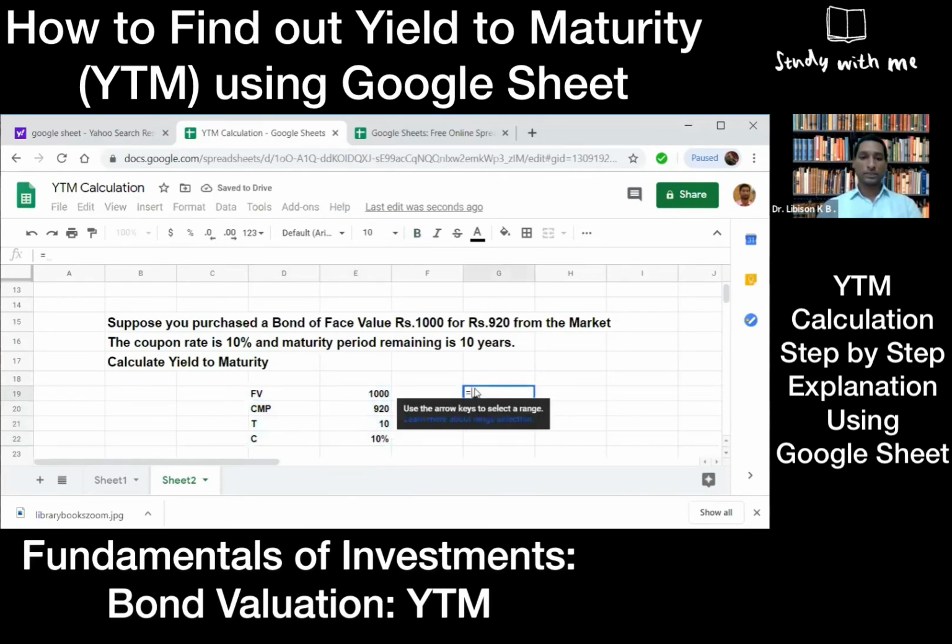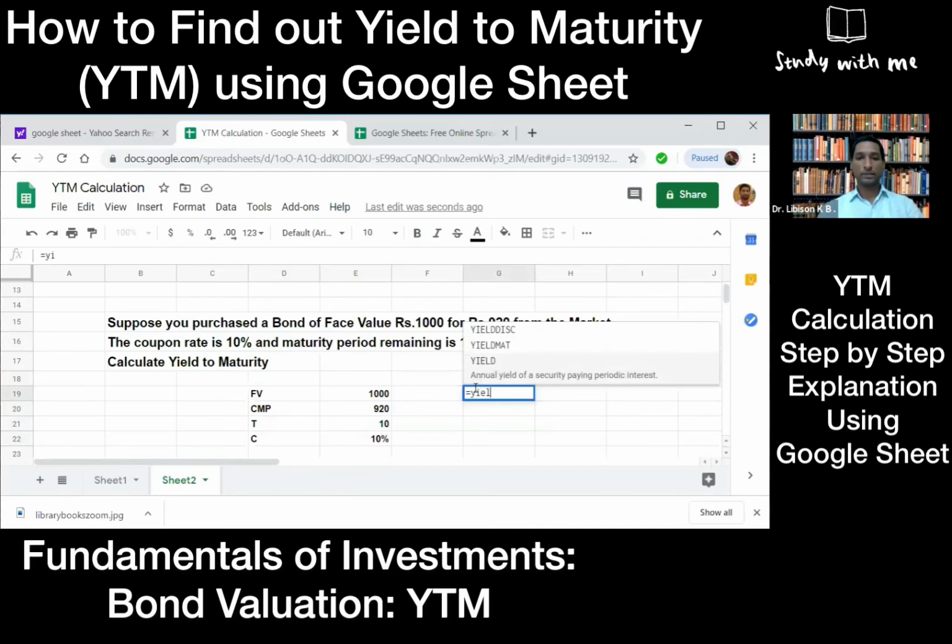Put an equal to sign, then type yield. Yield function will appear, select it. Put a bracket, then apostrophe. So we assume we purchased the bond.